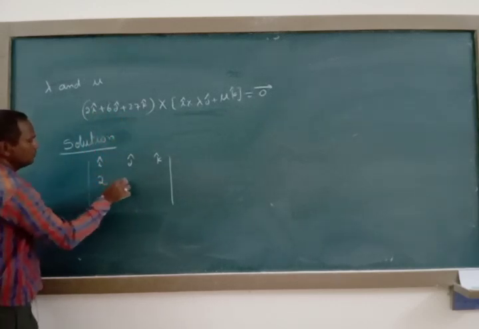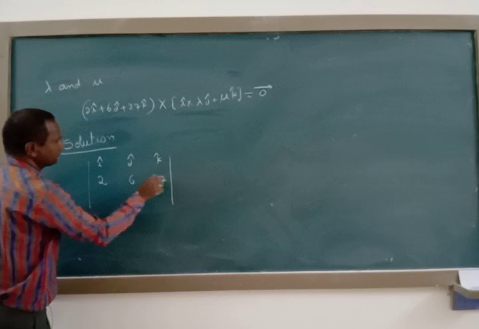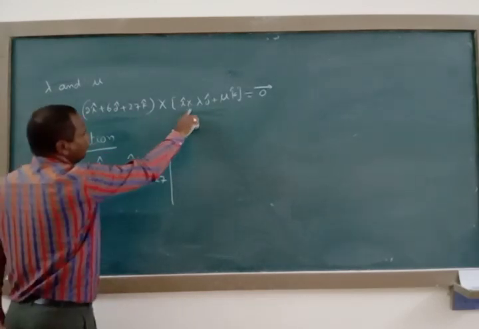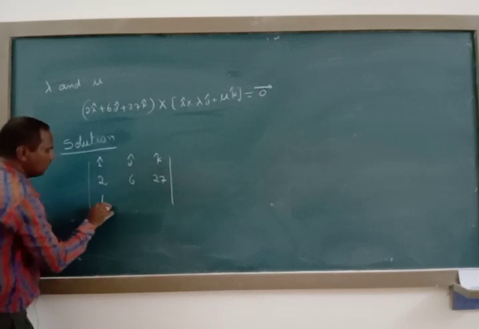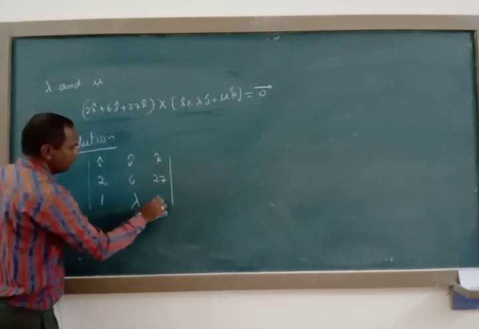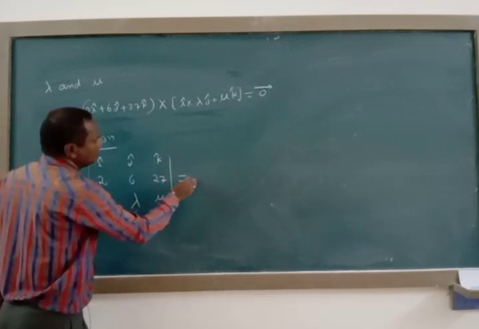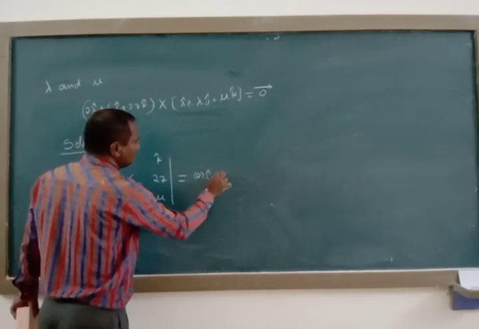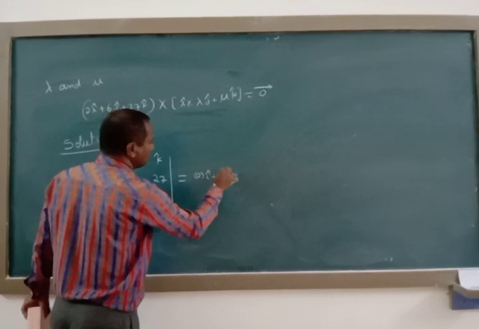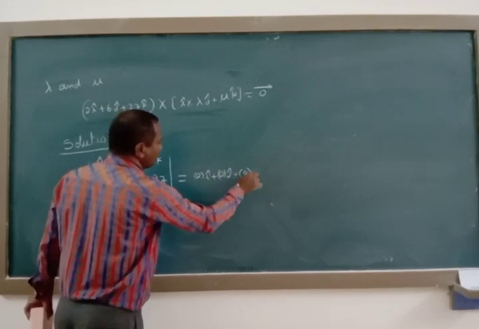They are 2, 6 and 27. From the second vector you collect the coefficients of i cap, j cap, k cap. They are 1, lambda, mu. This is equal to null vector, which means you can consider 0 of i cap plus 0 of j cap plus 0 of k cap.